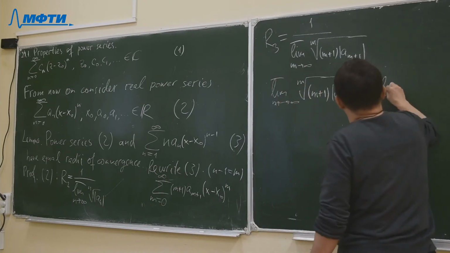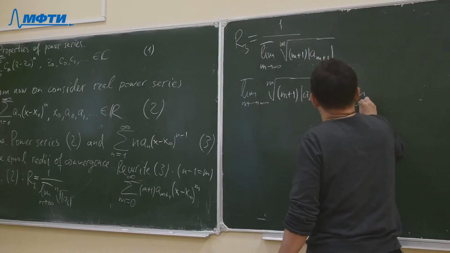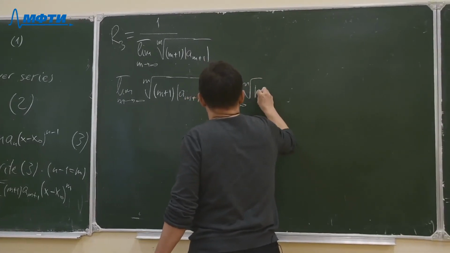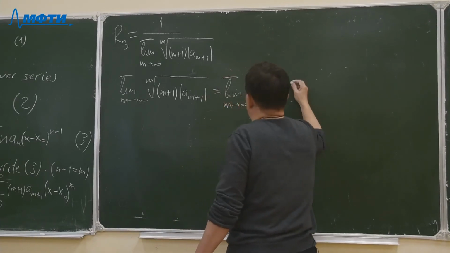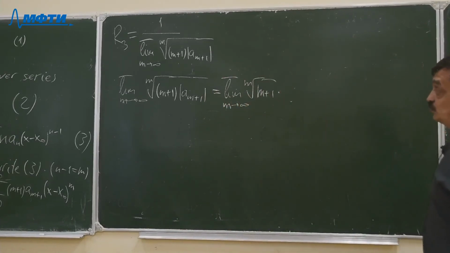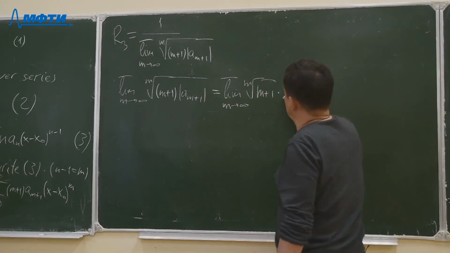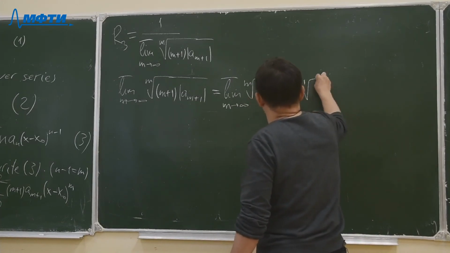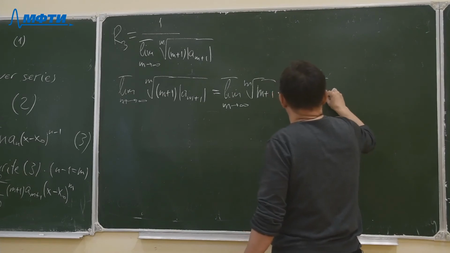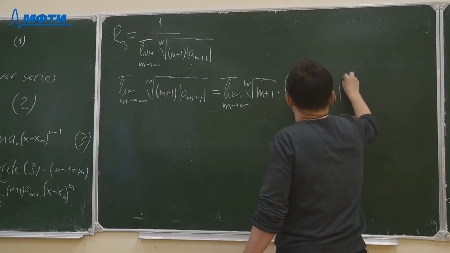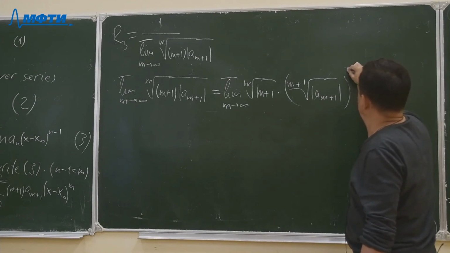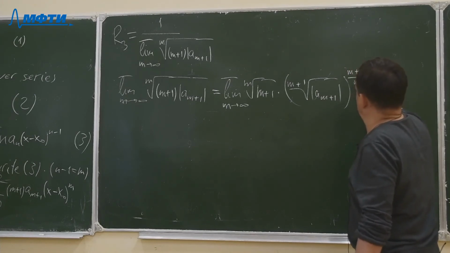That is the upper limit of the mth root of m plus 1, times the (m plus 1)th root of modulus a_{m plus 1}, to the power (m plus 1) over m.